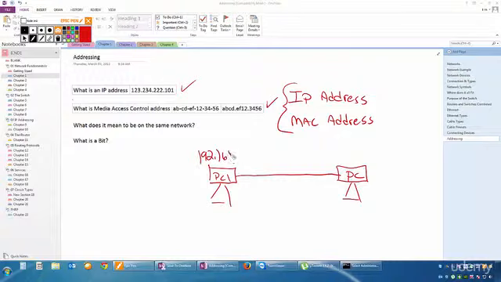So if this is an IP address of 192.168.1.1, and this is 192.168.1.2, PC 1 says, I want to try to communicate with 192.168.1.2, and he must have the PC's MAC address as well. And this is the MAC address that I want to communicate with.